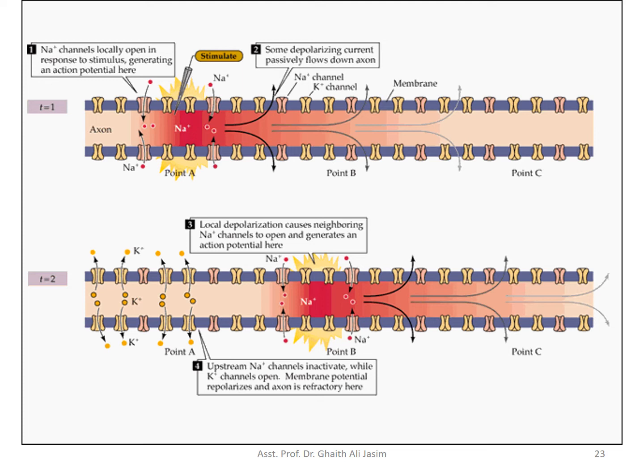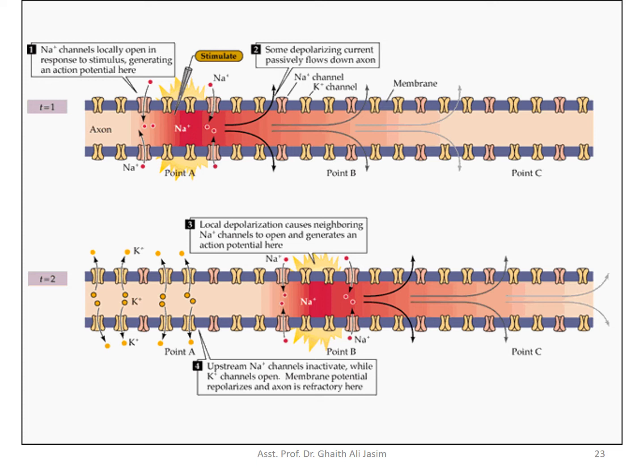So to review the action potential propagation, we can see in this illustration, in box number 1, sodium channels locally open in response to a stimulus, generating an action potential in this area.